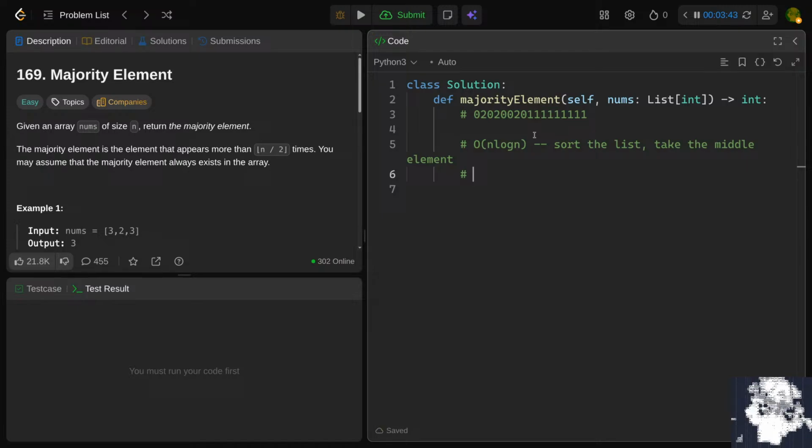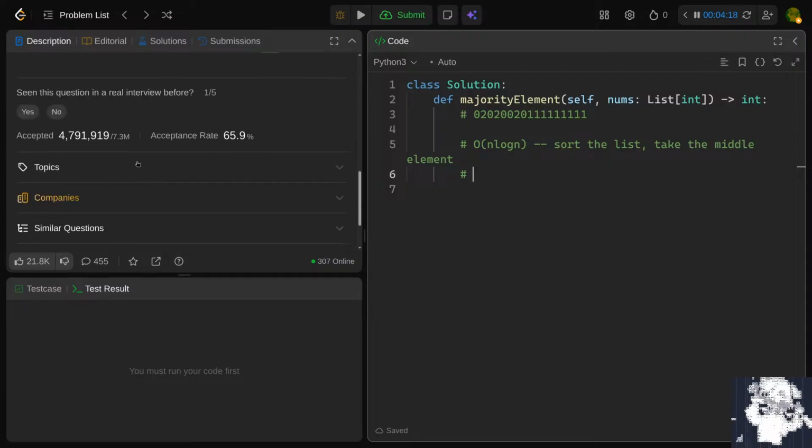Now, we can't do that because, first of all, we're changing the input, which is kind of cheating if you have a restriction around the amount of space you can use, but you get around it by using the space in the input. Second of all, because this is n log n and it told us to do it in linear time.